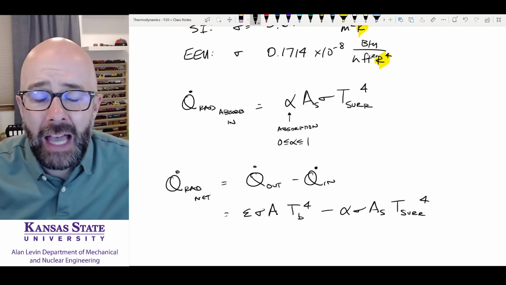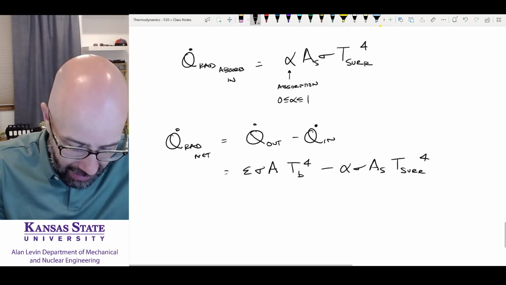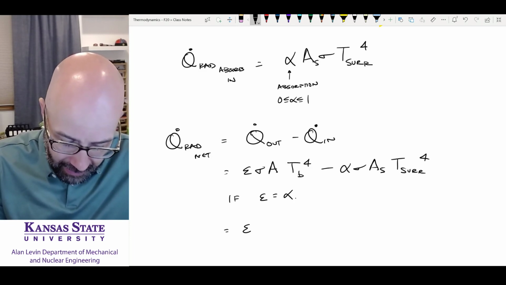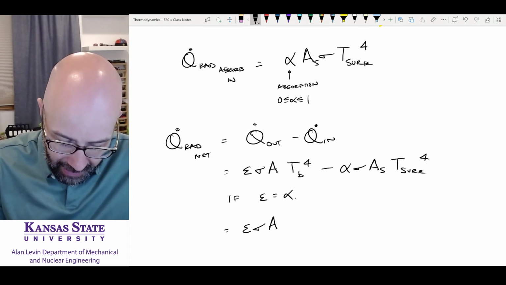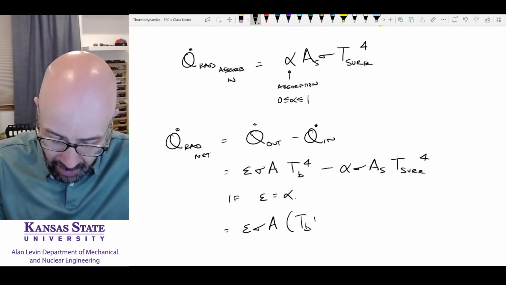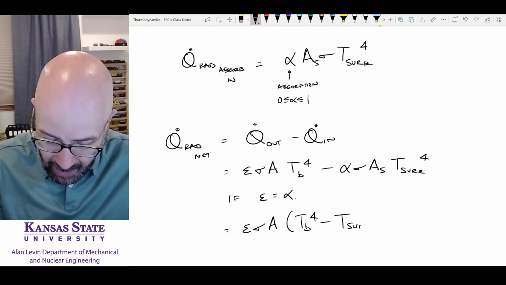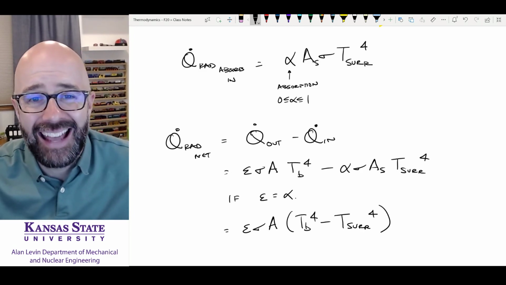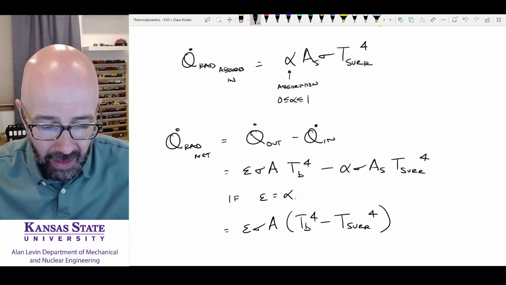In our class, if epsilon is equal to alpha, we're going to write this as epsilon, sigma, times area, times temperature of the base to the fourth minus temperature of the surroundings to the fourth. And that is going to be our net radiation that we're going to deal with.